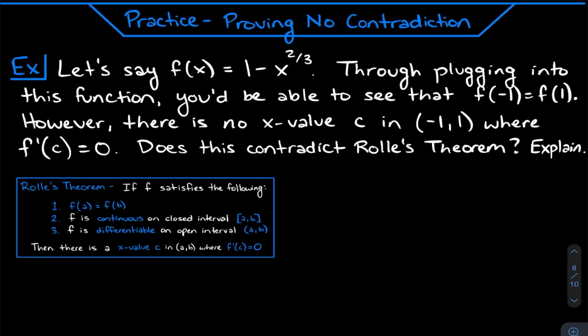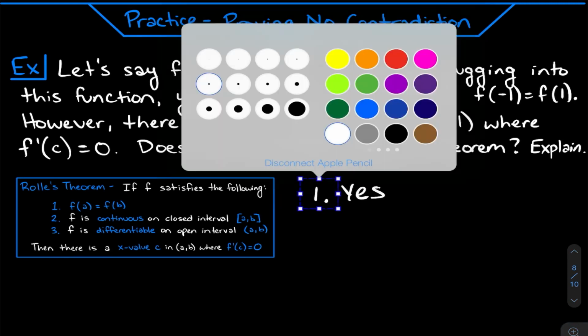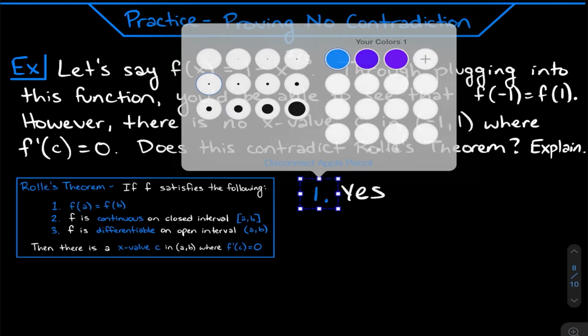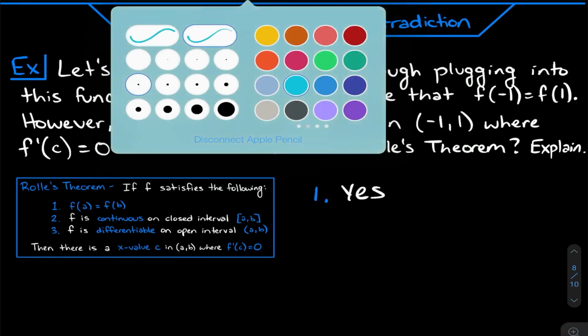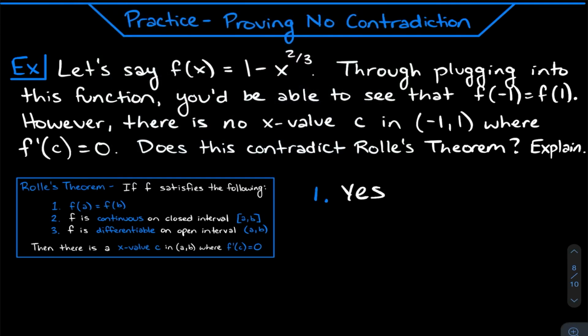So let's just look at this function here, right? This function already passed the first condition. So we're going to say, okay, yeah, it passes 1. But what about it being continuous? Right? What about it being differentiable?